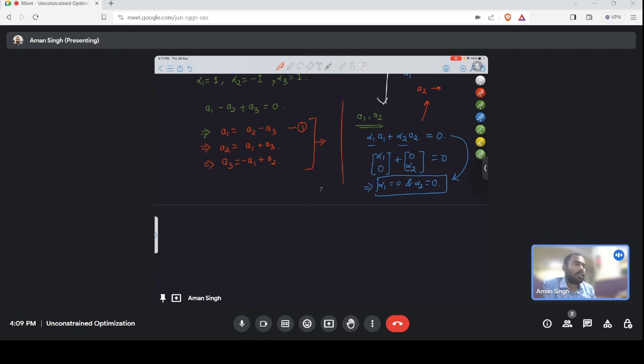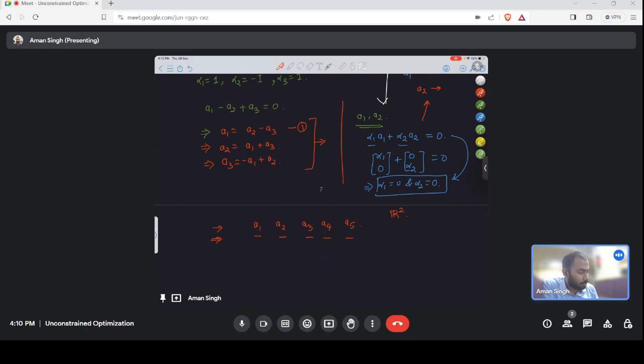Why so? Let's say we had a1, a2, a3, a4, a5, and we want to span R square. The minimum number required can be thought of as those vectors being linearly independent.